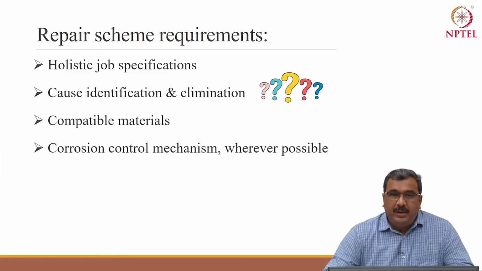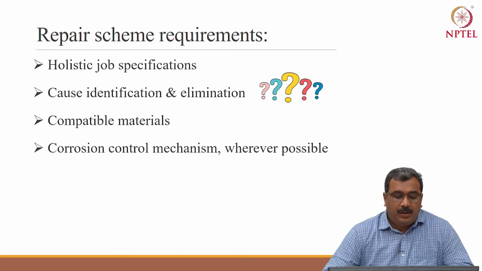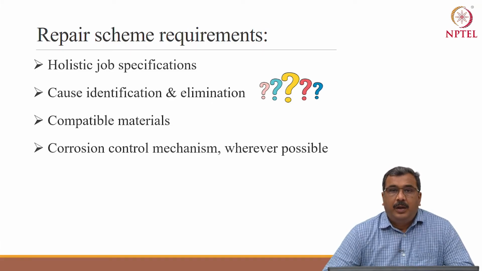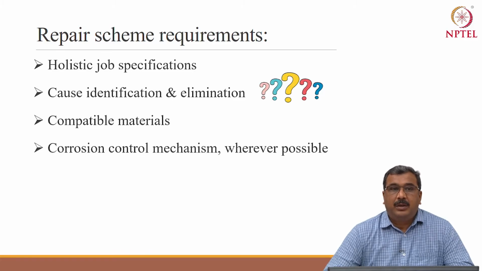Corrosion control mechanism, wherever possible. Like, if you had identified the cause and if it is corrosion, if you do proper preparation and proper repair, but do not incorporate a corrosion control measure, you will have a similar problem in the near future.